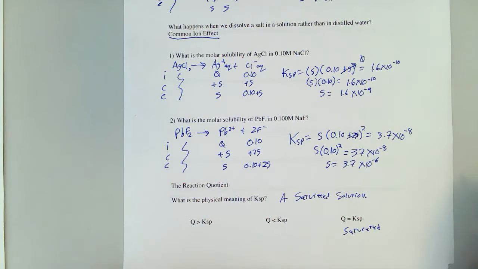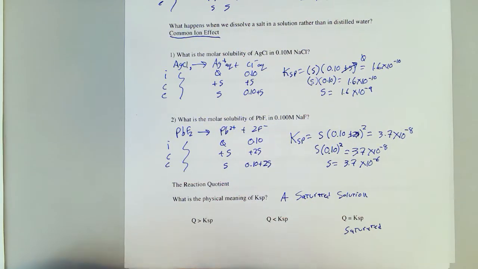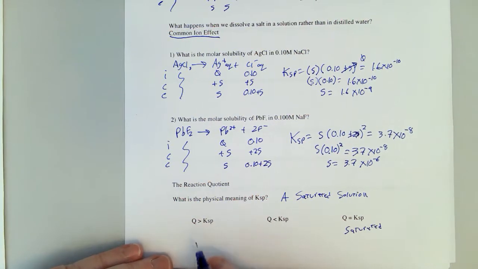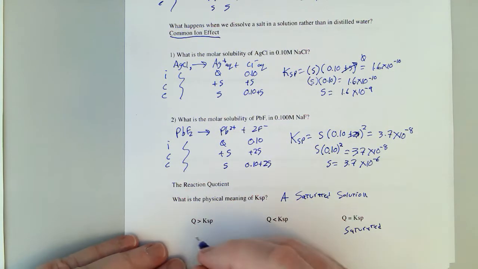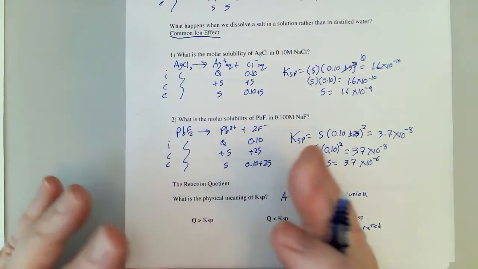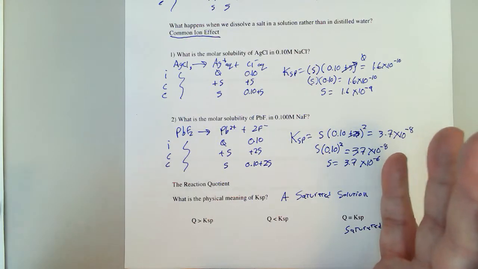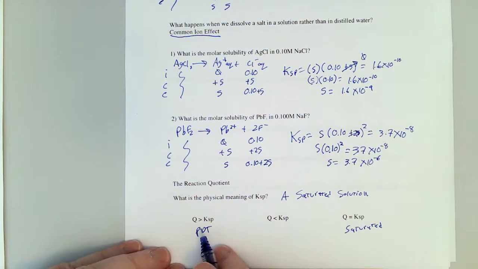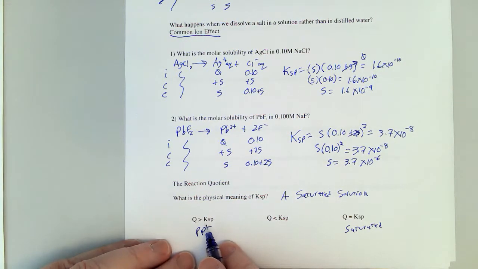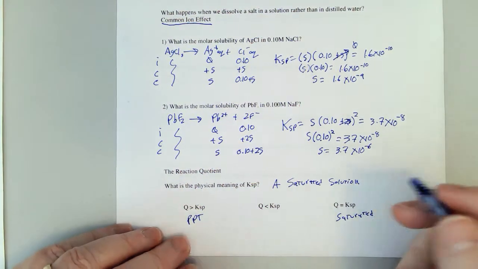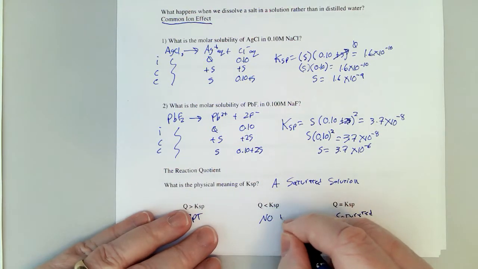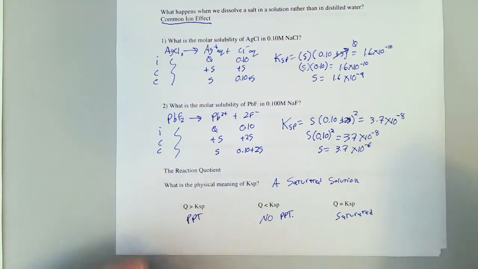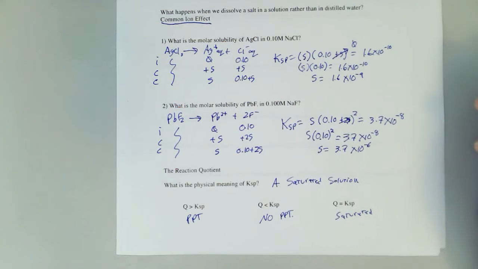Back to our reaction quotient. If Q is greater than Ksp, I have too many product ions. That means with more ions than you can have dissolved, we're going to get a precipitate. Q is less than Ksp, no precipitate, because you don't have enough ions to represent a saturated solution.